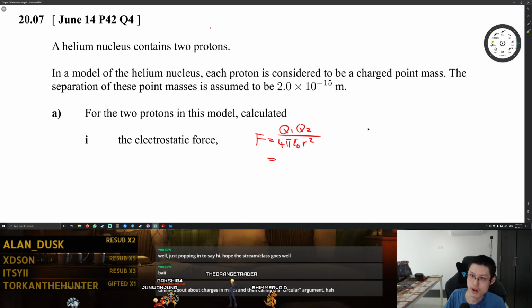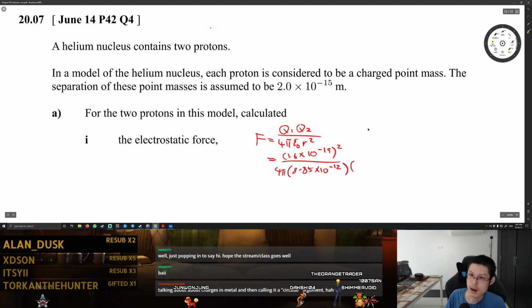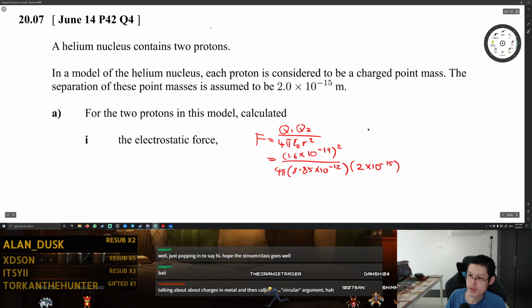So each proton means the charge would be 1.6 times 10 to the power negative 19, and then square because there's 2 of them. And then 4 pi epsilon. R is 2 times 10 to the power negative 15 squared.